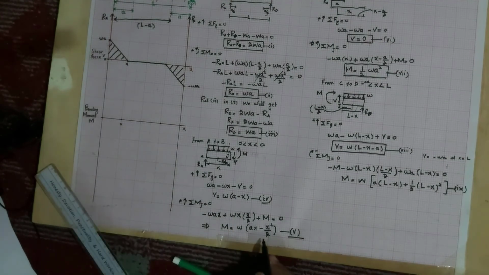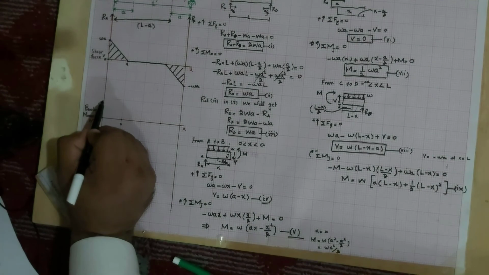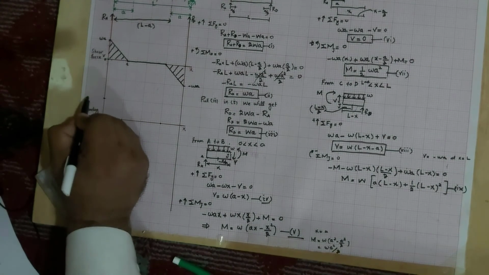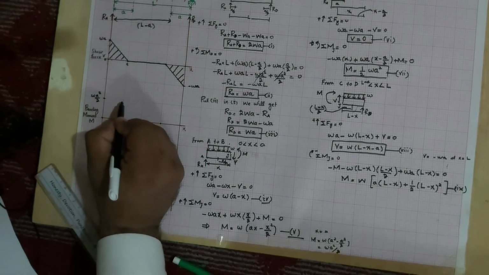Now at x equal to A, the moment will be equal to W into A square minus A square over 2, which means WA square over 2, a positive value. So at this point, the point will be like this.